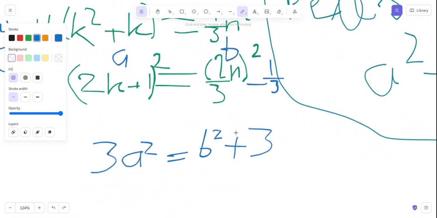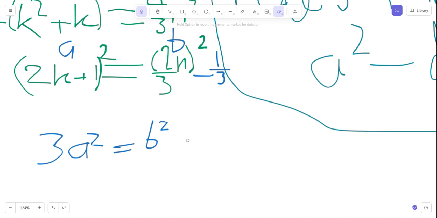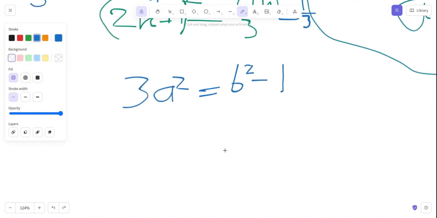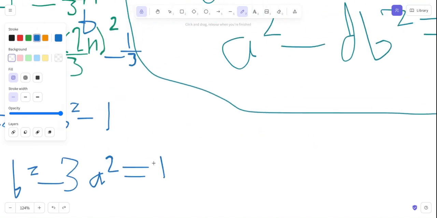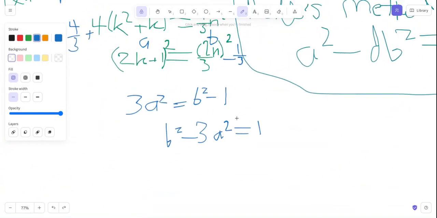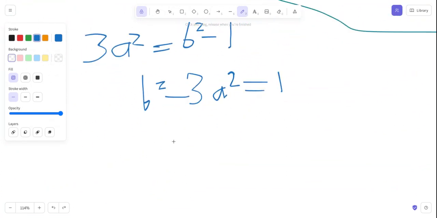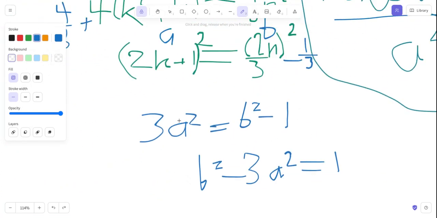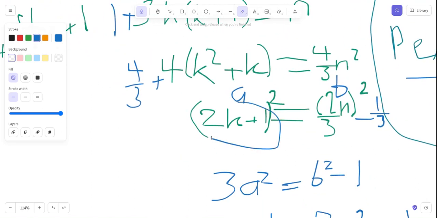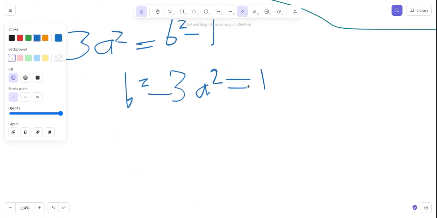And then multiplying by 3, we get minus 1. And everything is perfect in our life. So if you move things over, b squared equals 1, which is the form of Pell's method. Also notice we substituted something odd for A and even for B.